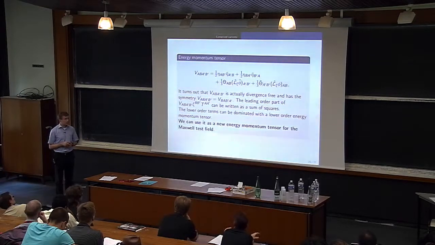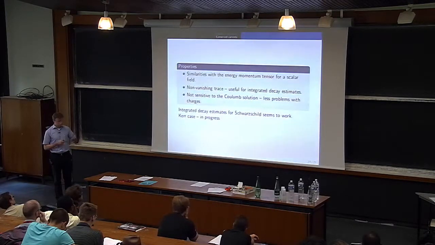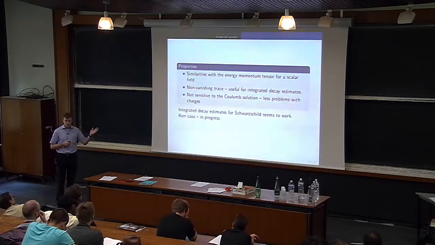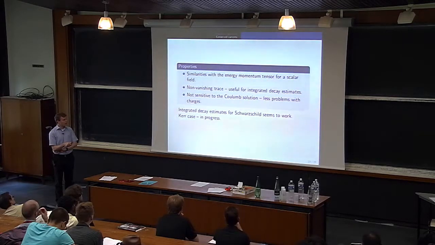So it is very similar to the standard energy momentum tensor for a scalar field, which is quite different from the standard one for the Maxwell field. So we certainly have similarities between this new energy momentum tensor and the one for the scalar field.